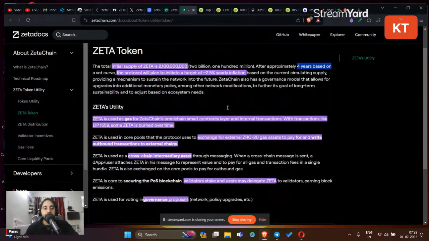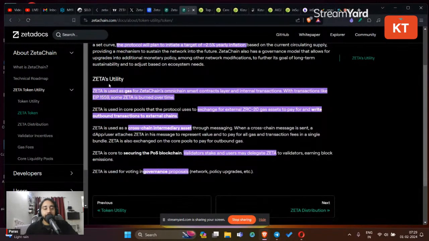Now, here comes the utility part, which is one of the most important things that you should understand. Zeta is used as gas for ZetaChain, omni-chain smart contract layers, and internal transactions. With transactions like EIP 1559, some Zeta is burned over time. So Zeta is definitely used for the gas fee, just like you have ETH for Ethereum, you have BNB for the Binance Smart Chain.